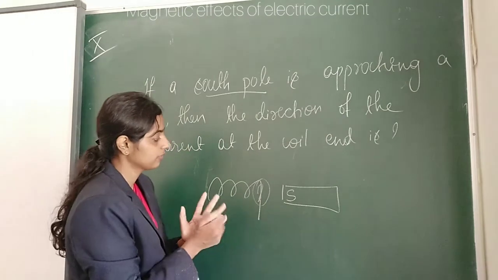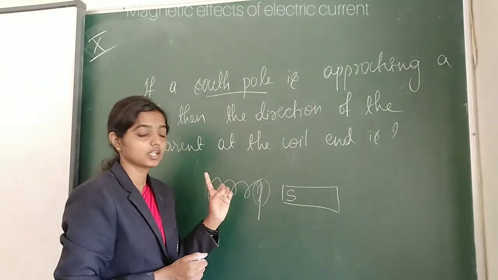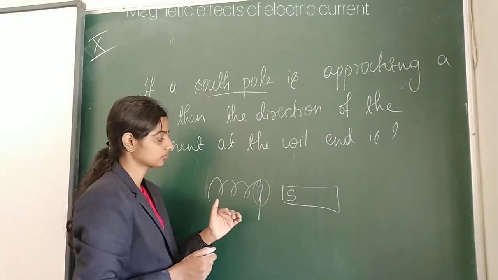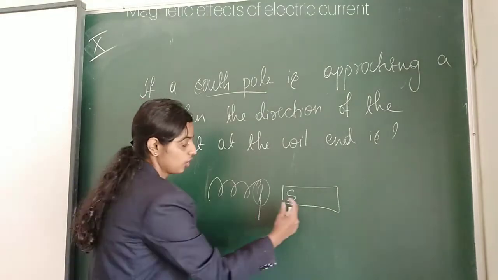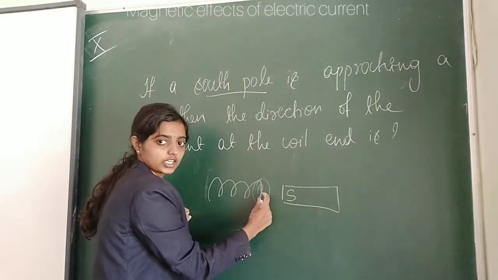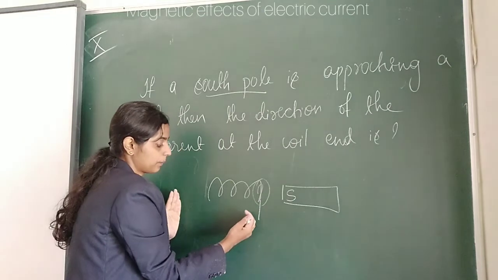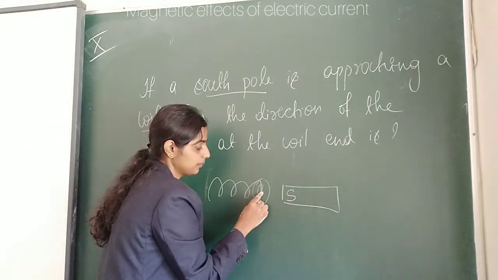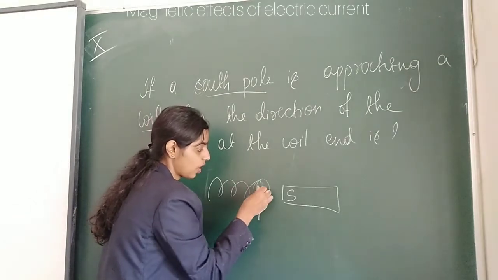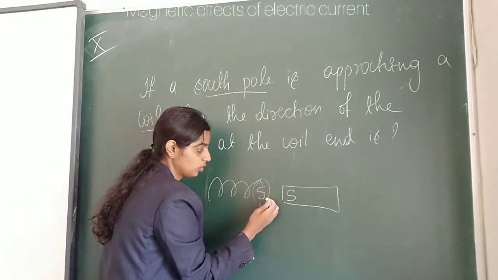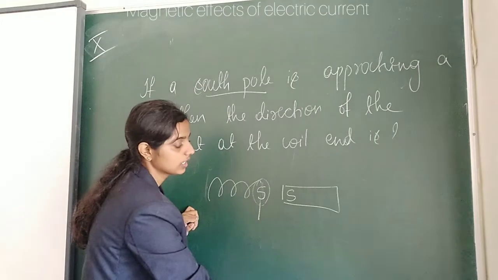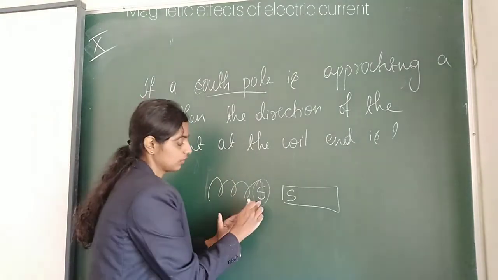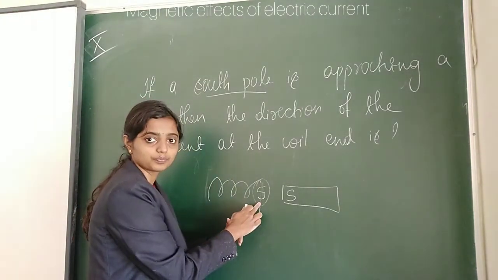Now let us apply first, which one? The clock rule here, along with Lenz's law. When the south pole is approaching here, this end will also act as a south pole, to repel. So it will also act as a south pole, right?